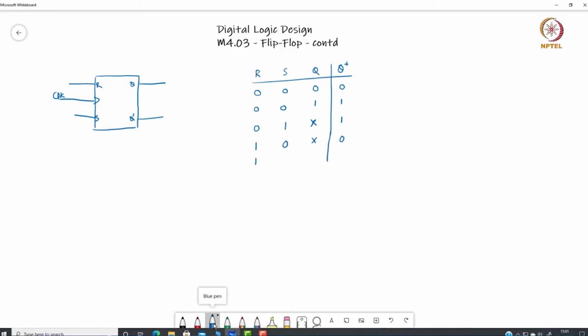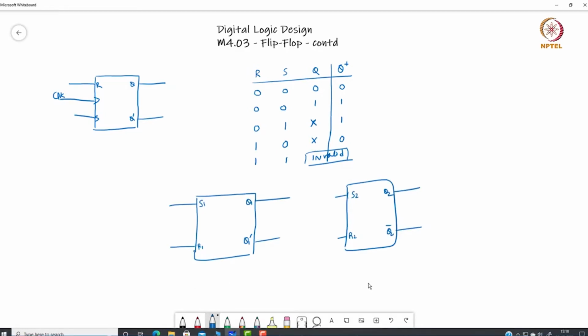If both of them are 1, this is an invalid combination, so that is the input we should not give. Because R and S both cannot be 1, that combination is not valid in the case of the RS flip-flop. That is the reason these are not used in many circuits.